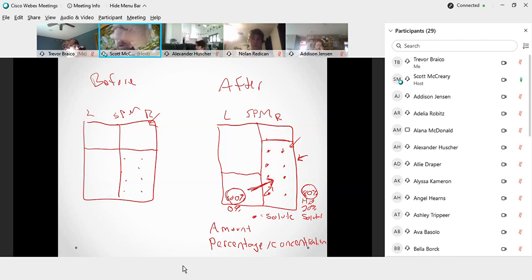It's like if I have a nice cup of iced tea that's made perfectly, and somebody comes around and pours tons of water in it, will it taste different? Yeah, it's less concentrated. That is what you have to really pay attention to on this test. There's a difference between the amount of solutes and the percentage or concentration of the solution. So you have to be very careful. You have to be a very good reader on these tests, and that's why ACT likes these, because they make you think.